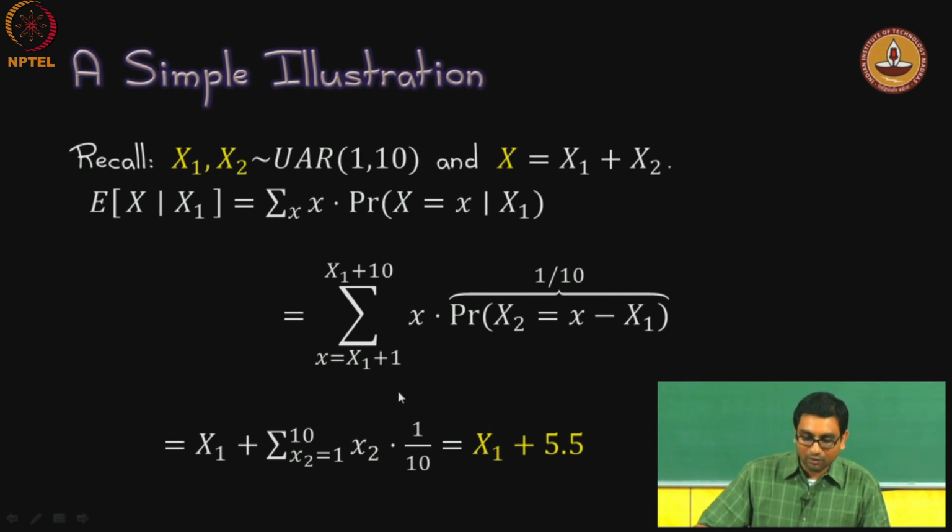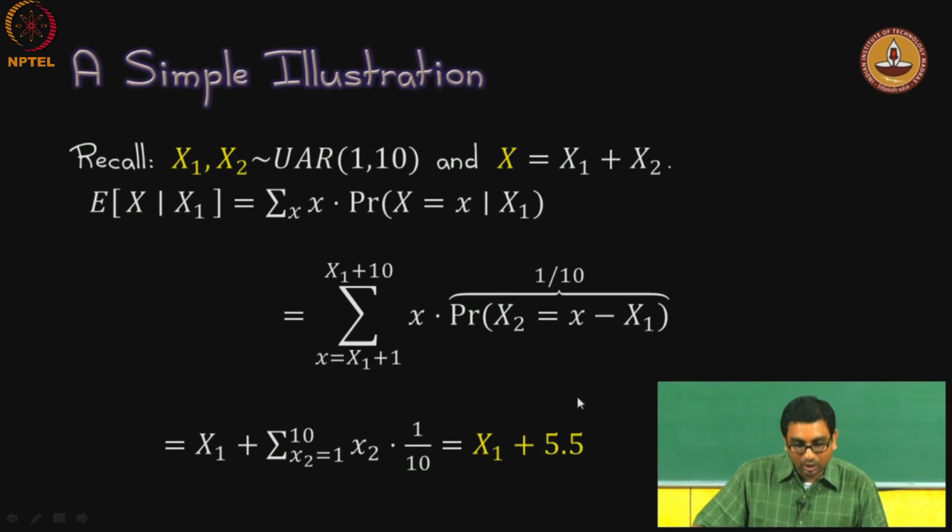You can think of it as x2 running from 1 to 10, which also takes the values weighted by the probabilities 1 by 10. So, the second term is the summation from 1 through 10 of x2 times 1 over 10, which works out to 5.5.